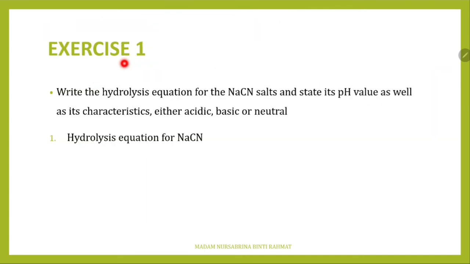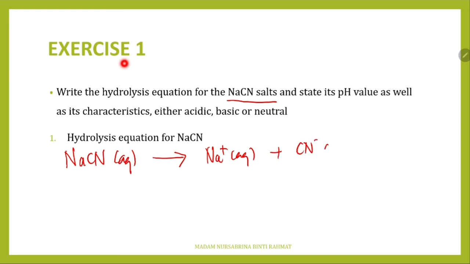Alright, okay. So let's try a simple exercise to test your understanding. I have here NaCN salt. If I break it down, it will have Na+ plus CN-. The Na+ cation always comes from the base NaOH, which is a strong base, whereas your CN- always comes from the acid named HCN.